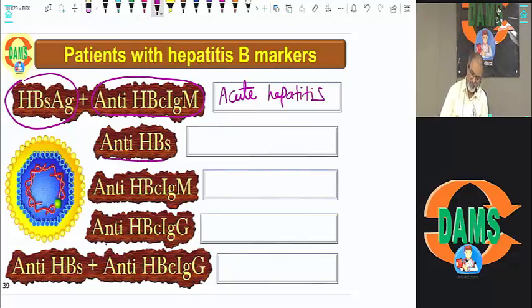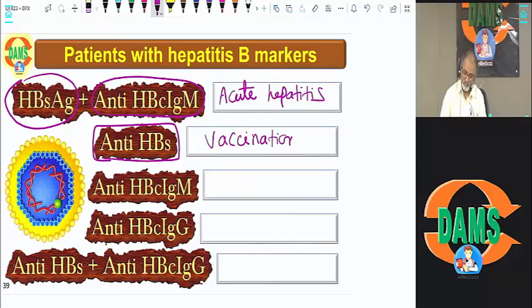Surface antibody alone present. There is no infection, no disease, only antibody. Excellent. It is called vaccination. Next is core antibody IgM alone present. Very early stage.